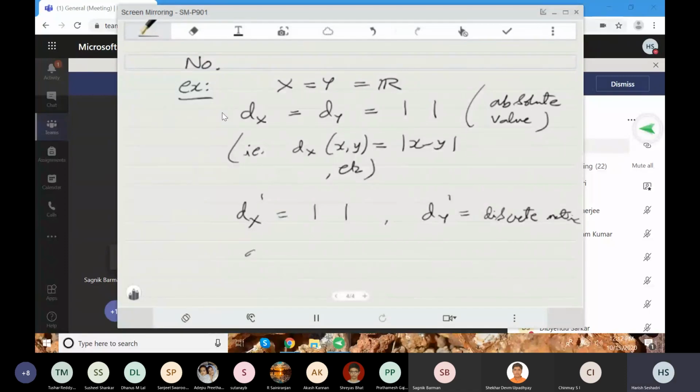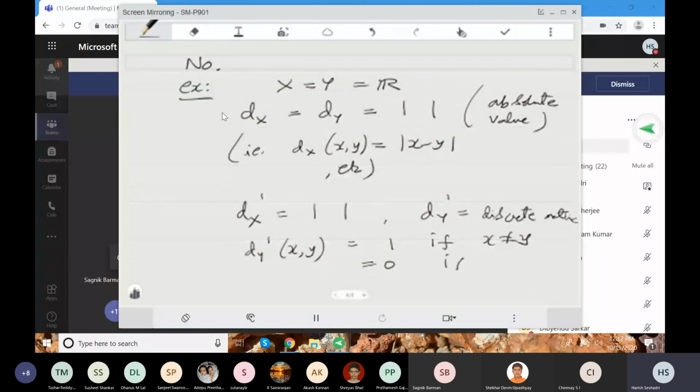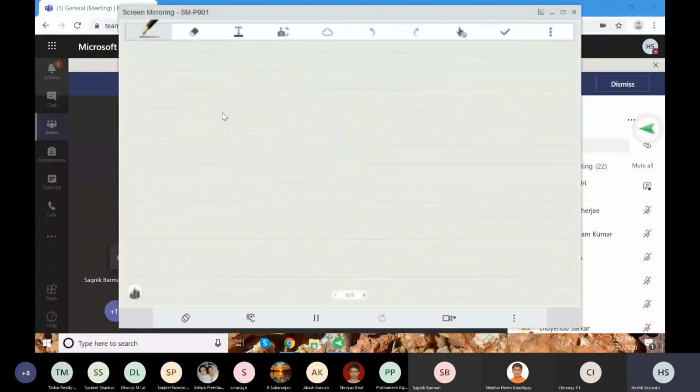So this is defined by d_Y^1(x, y) equal to 1 if x is not equal to y, and equal to 0 if x equals y.